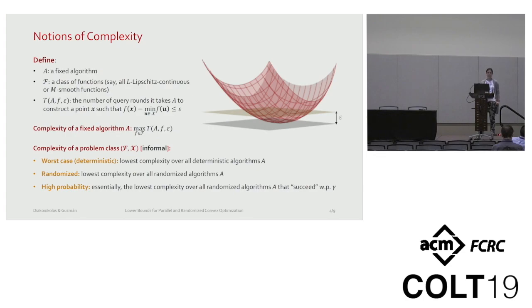So here you can look at all randomized algorithms, and you even allow them to only succeed with probability gamma. So this is the complexity model that we adopt here. It is stronger than the previous two complexity models.